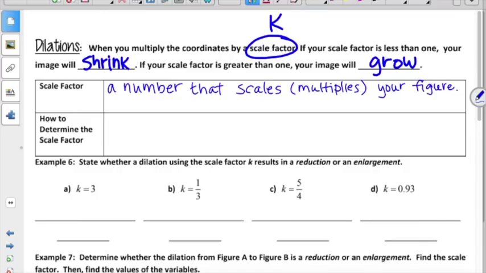So how to determine the scale factor? You're going to write the ratio. Remember, ratio is just a fraction. You're going to write the ratio or fraction of two corresponding parts or sides. Corresponding means they're in the same position, but on a different shape.